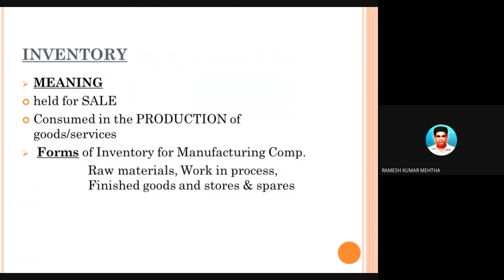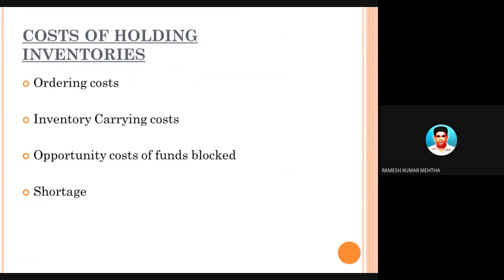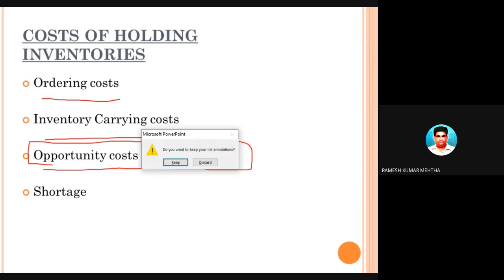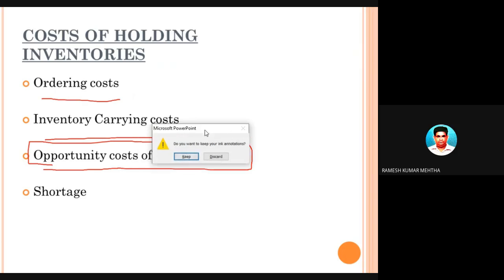So yesterday we spoke up to this point, if I remember. We were talking about ordering cost and inventory carrying cost. We are going to discuss this particular part, which is called the opportunity cost of holding the inventory.